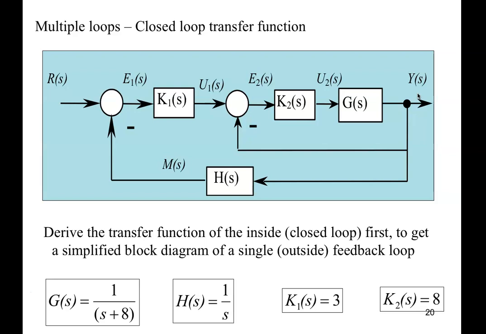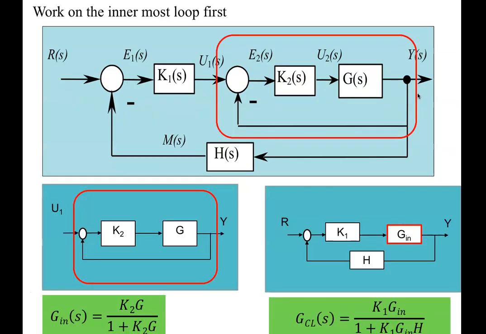To do this, I'm going to look at the feedback closed loop that's inside first. On the top block diagram, I put a rectangular shape here.